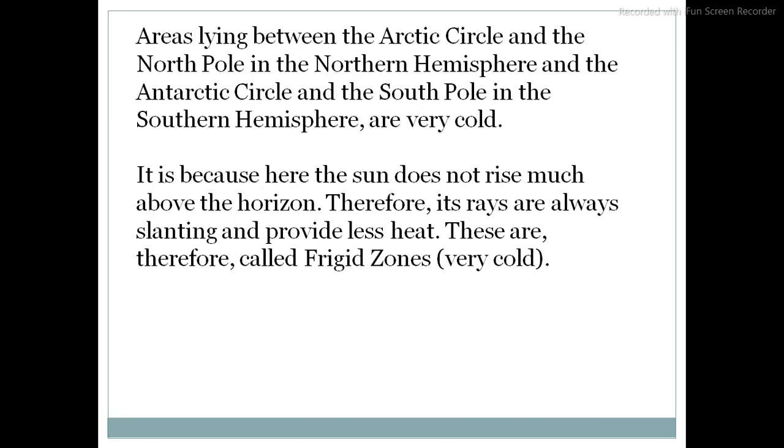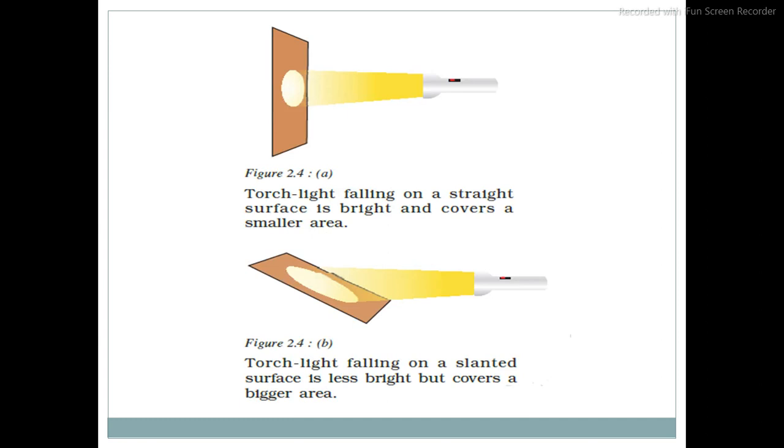Next, you can see figure number 2.4a, right? Where you are observing one torch here and one object here, how the light is moving from one place to another. The torch light falling on a straight surface is bright and covers a small area, right?